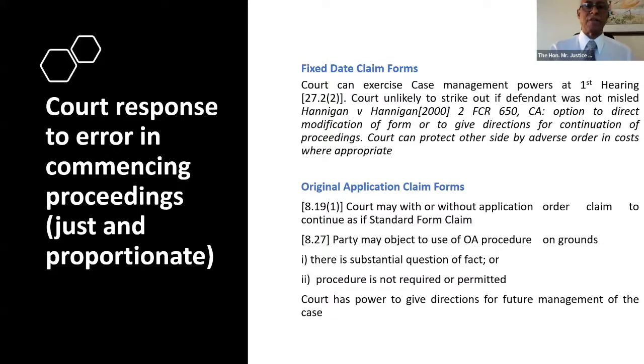Now, that may not involve a substantial question of fact. You might just need a doctor who could testify to Granny's mental state and so on. And therefore, you would use an originating application claim form for something like that.